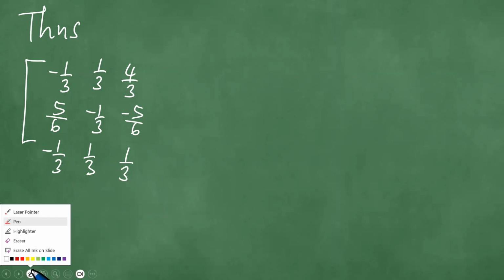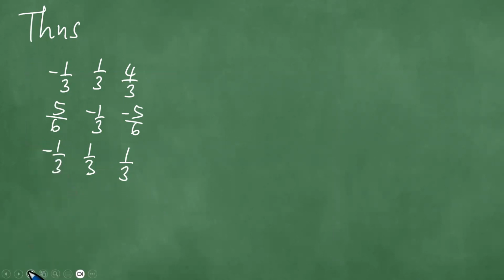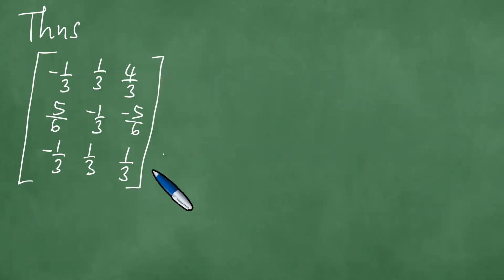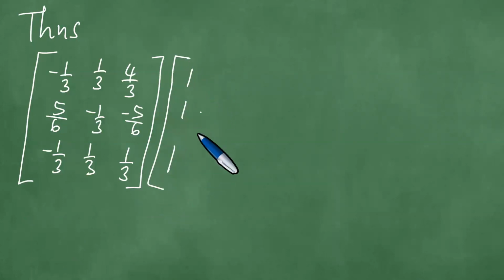And then you have this. Okay, so we multiply these together with the vector we were advised to start with. We multiply it with the 1, 1, 1 vector, because we're advised to start with this vector.